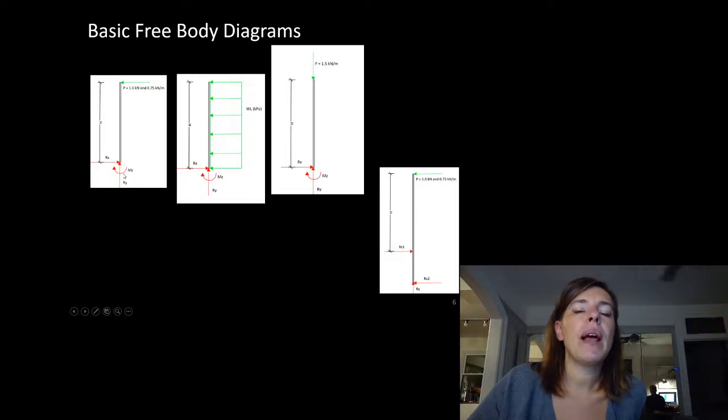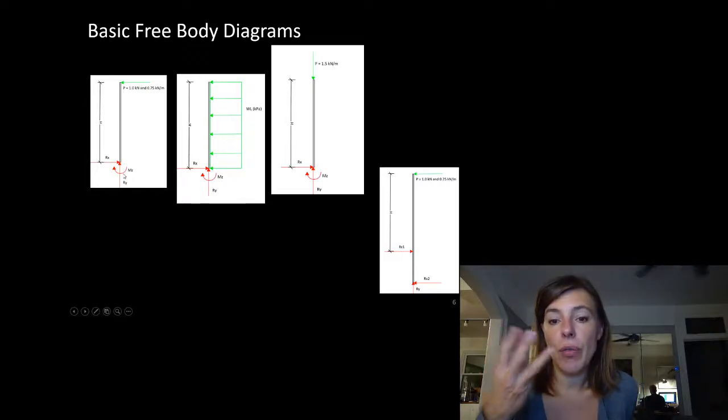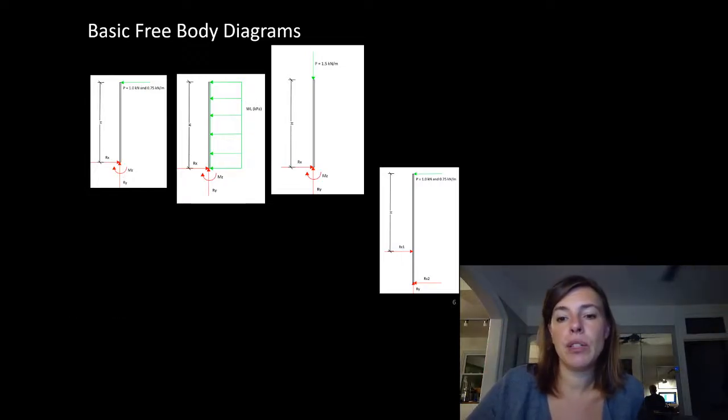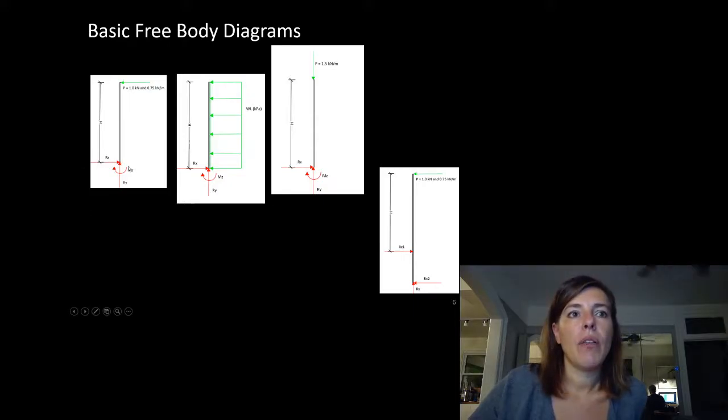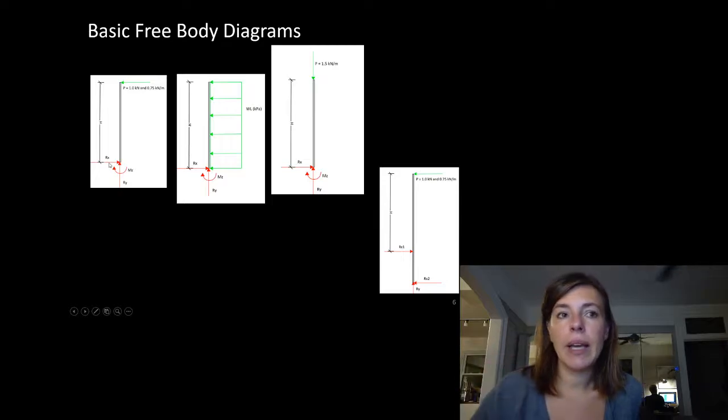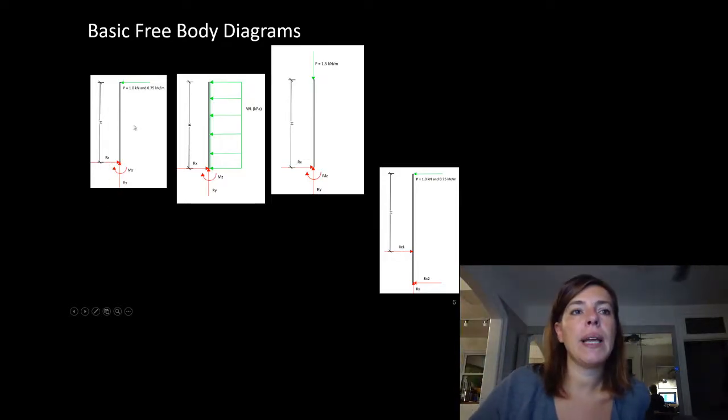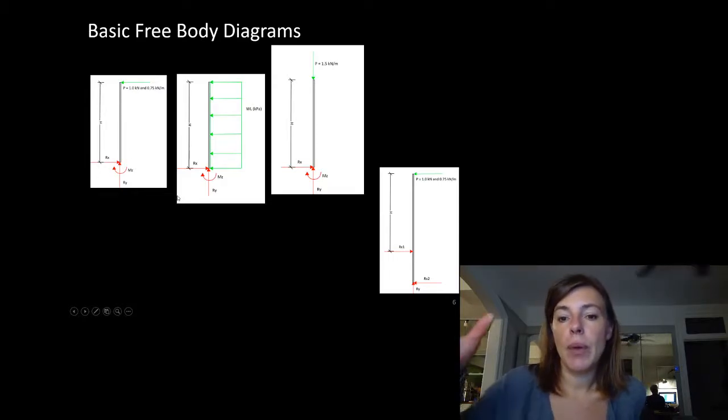So we have a load applied here, and we need to resist our 3 degrees of freedom for a 2-dimensional analysis. We have a reaction here stopping movement in our x-plane. We have a reaction here stopping movement in our up and down plane. And we have a moment reaction stopping rotation.